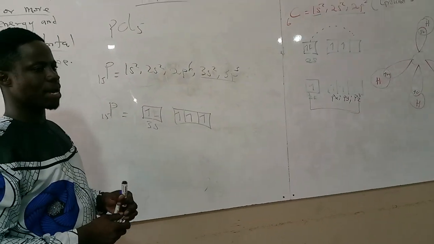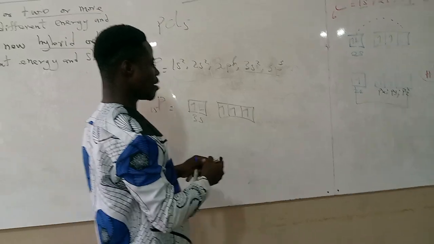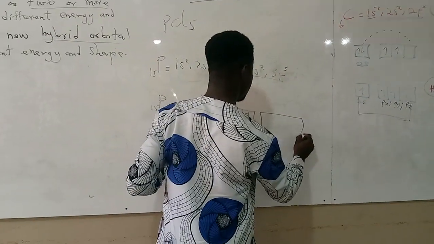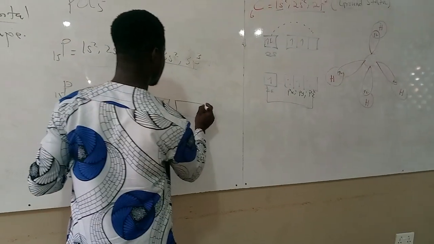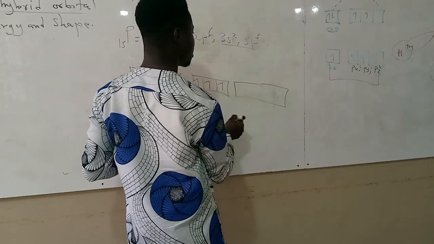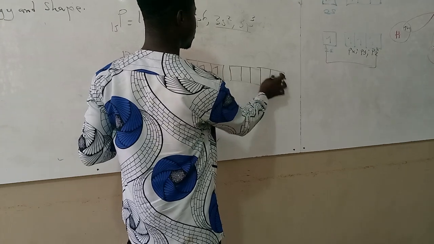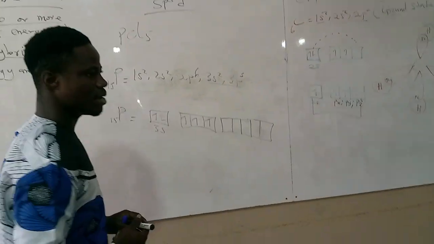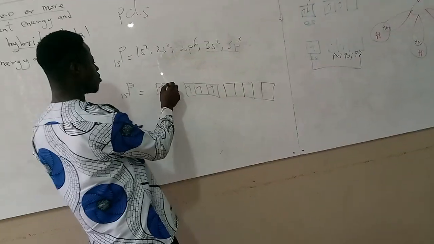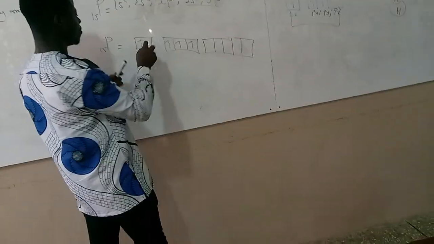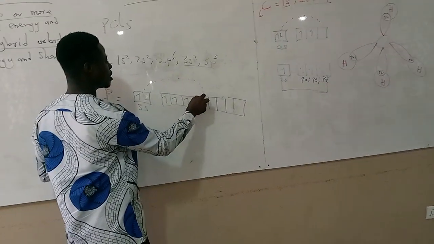That introduces the d orbital, which is also degenerate with 5 subdivisions: 1, 2, 3, 4, 5, d1 to d5. So we are promoting this electron from this energy level all the way to the d orbital.